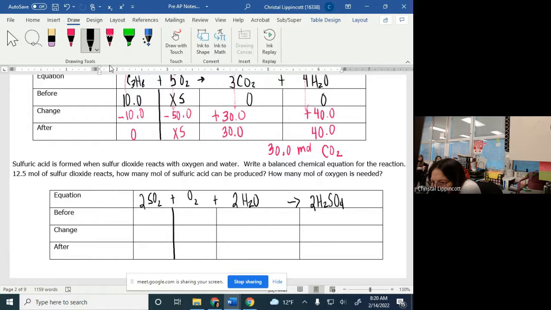There we go. 2 sulfur. Yep, I think I got it now. Okay. So we are starting out with 12.5 moles of this. We're going to assume that we have an excess amount of this and an excess amount of this. So see if you can solve for the change and the after line for this reaction.